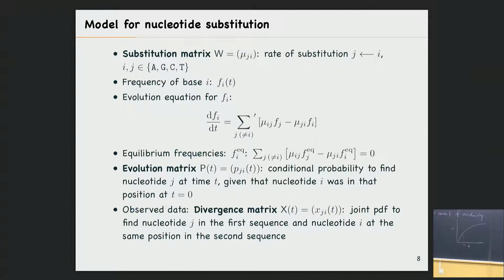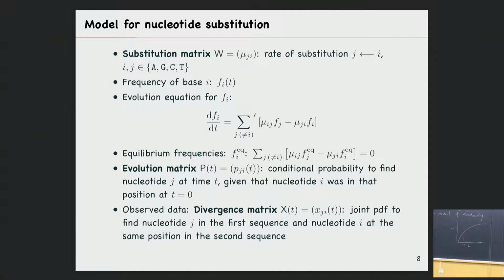Actually, you look at the sequence in a certain region, and then you want to evaluate the rate of substitution from nucleotide I to nucleotide J, where I and J take values in the four nucleotides.